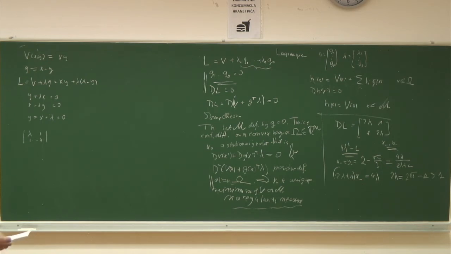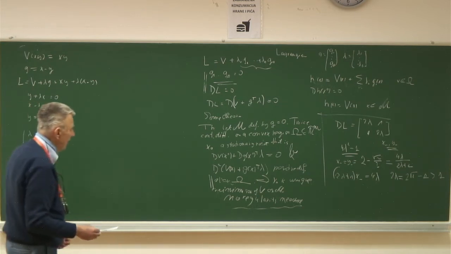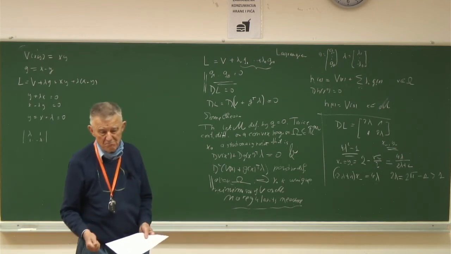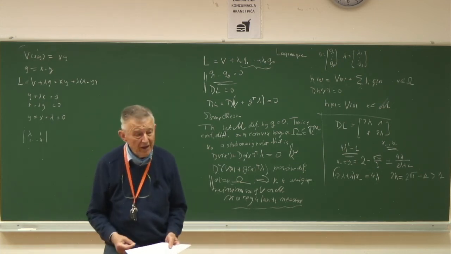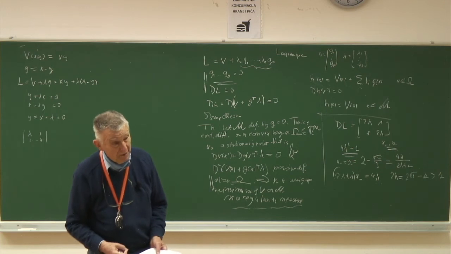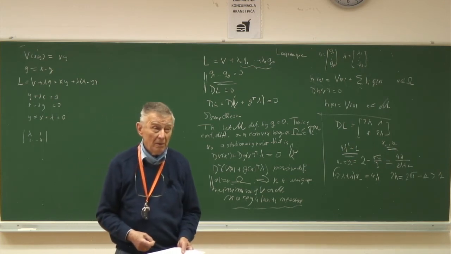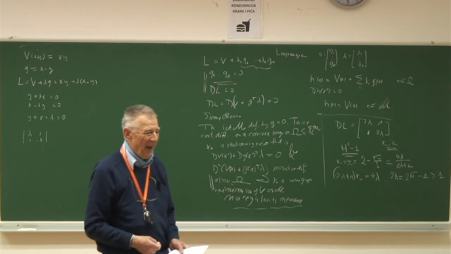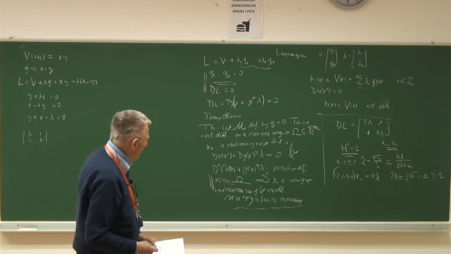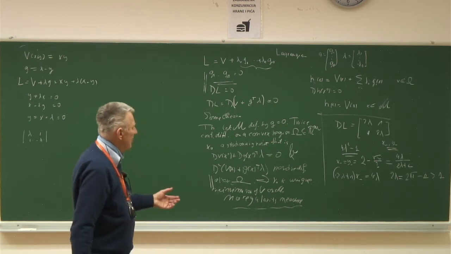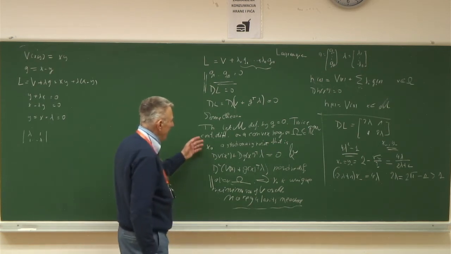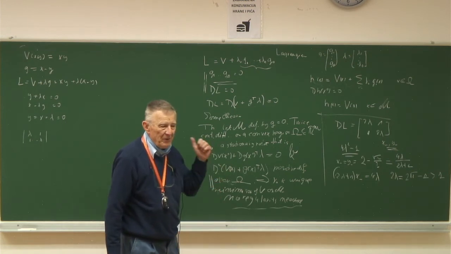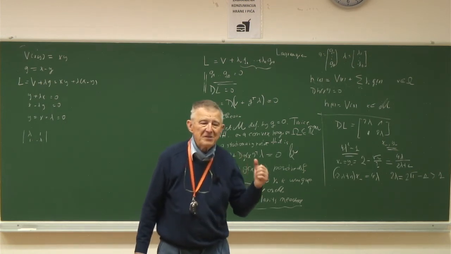Let me just make a small historical remark. Lagrange was living somewhere in the middle of the 18th century, 250 years ago. And the tools of mathematics at that time consisted practically only of what you now heard from me as heuristics.